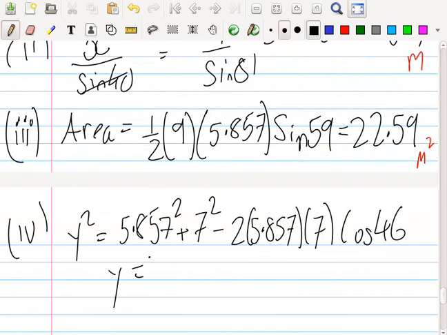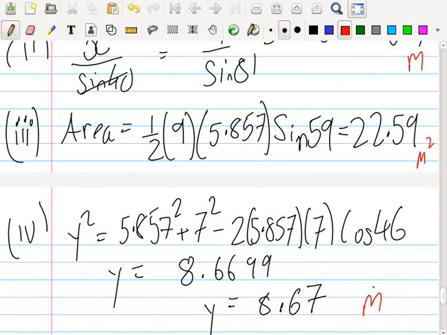Don't forget to square root it. I think I did that okay, I squared it.